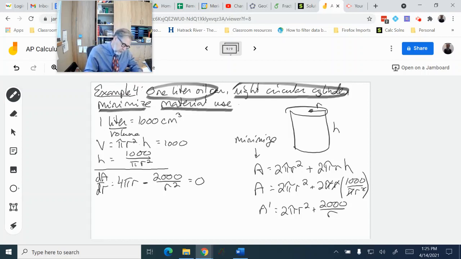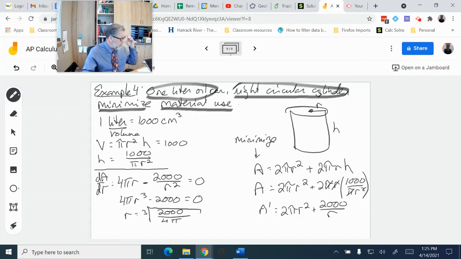Multiply everything by r squared. I get 4 pi r cubed minus 2,000 equals 0. And solving for r, I get r equals the cube root of 2,000 over 4 pi, which is approximately 5.419 centimeters.